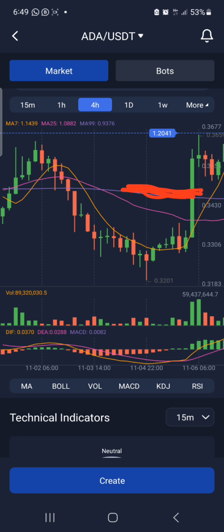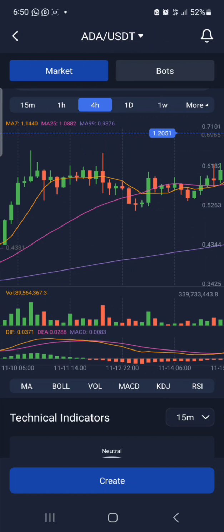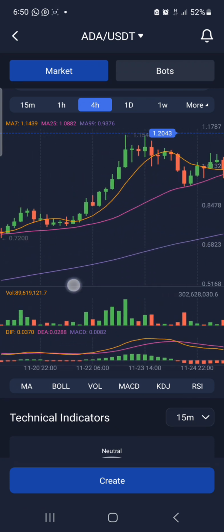And if you find the smallest, the yellow one, the 7 moving average, down, it shows it is on a downtrend. If this is up, and the 99 is down, and it is below, like you see here, it is an uptrend, like you see it right now.